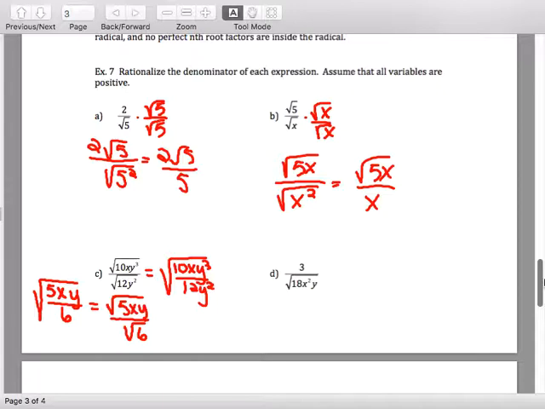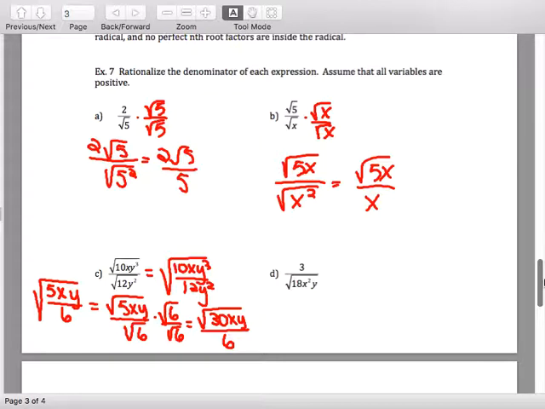This is way easier, way simpler than the original problem. Then I'm going to multiply by the square root of 6. So that's going to give me the square root of 30xy over, now do you remember, square root 6 times square root 6 is square root 36, which is 6.